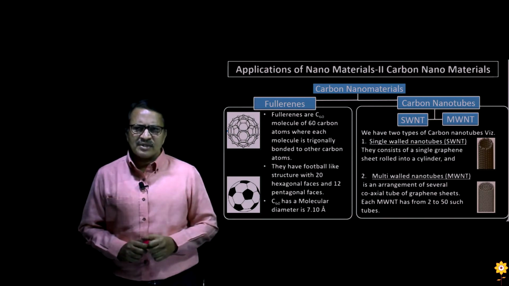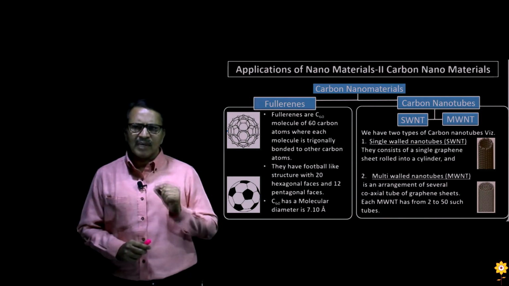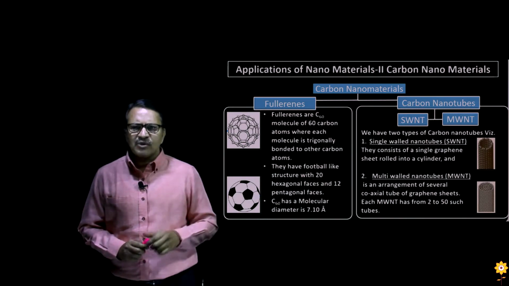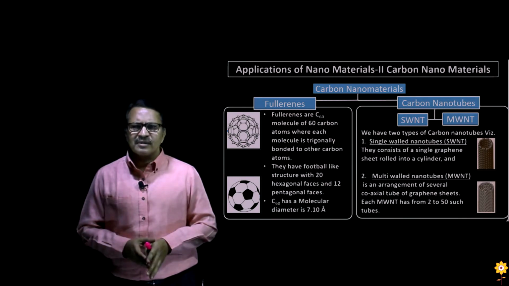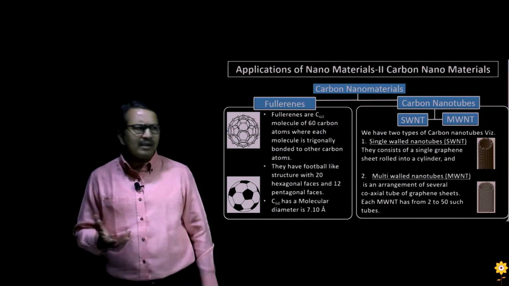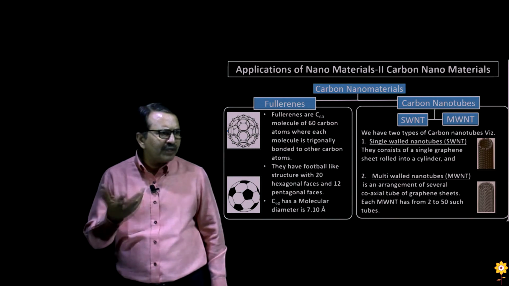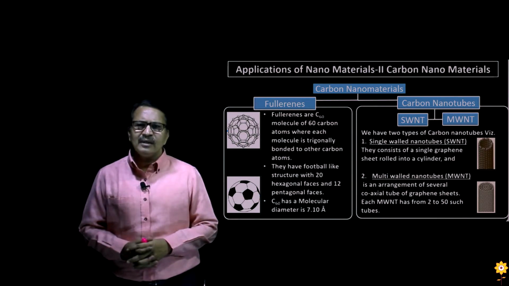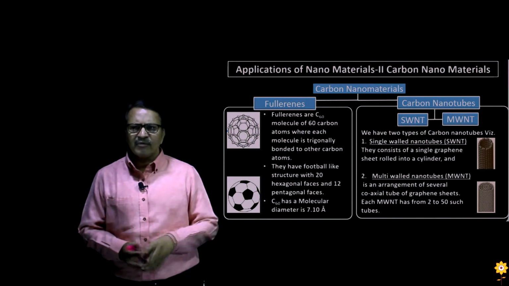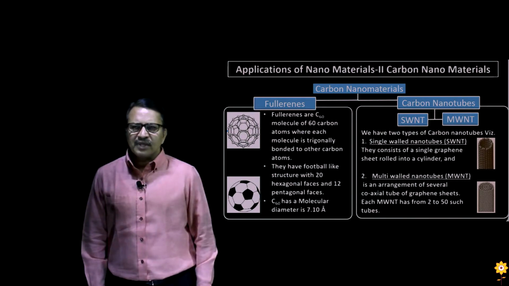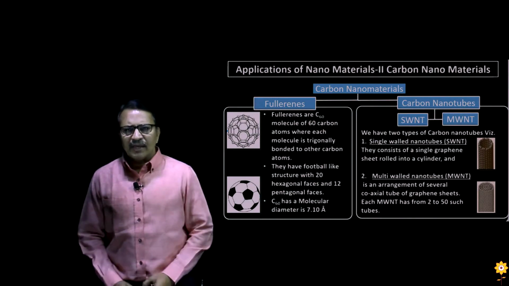Similarly, as the name suggests, MWNT or the multi-wall nanotube is comprised of multiple graphene sheets which are rolled on itself coaxially. So there may be somewhere around 50 sheets rolled into itself, and that leads to the development of a multi-walled nanotube. Let us now study the properties of the carbon nanotubes.